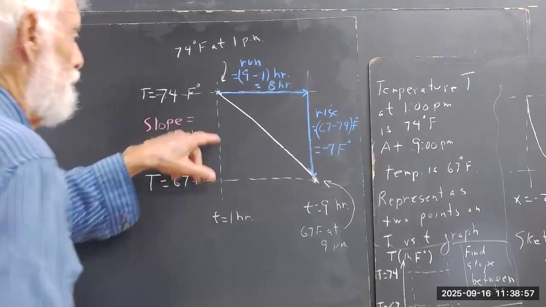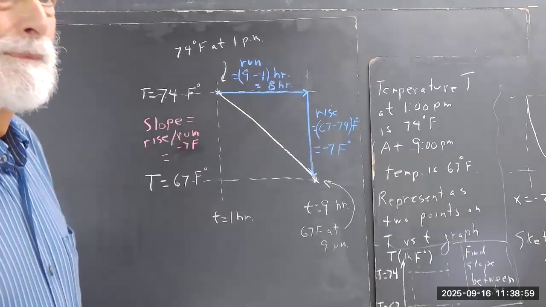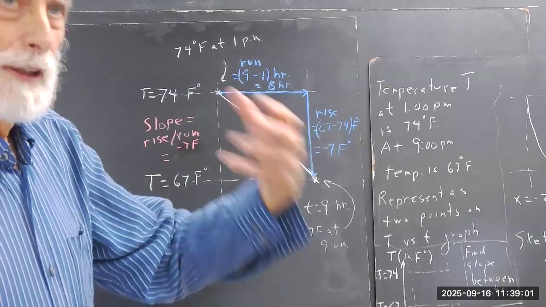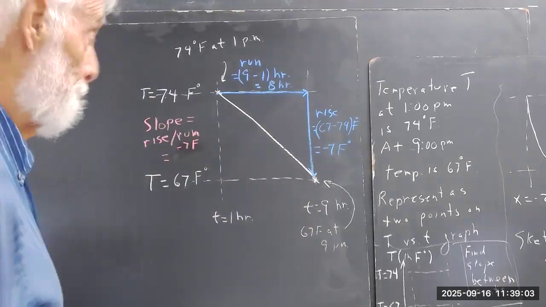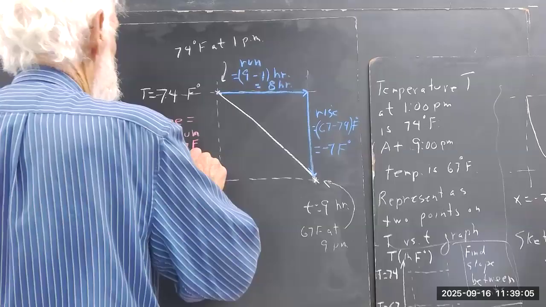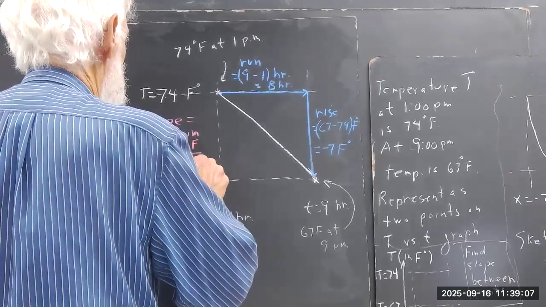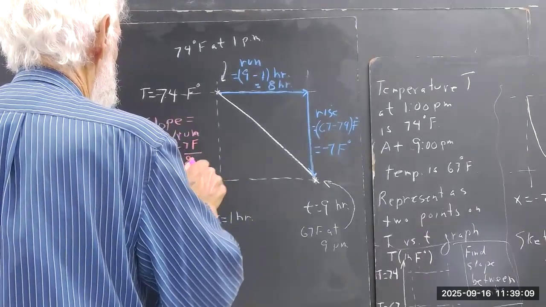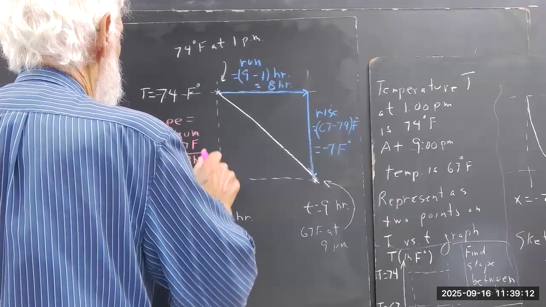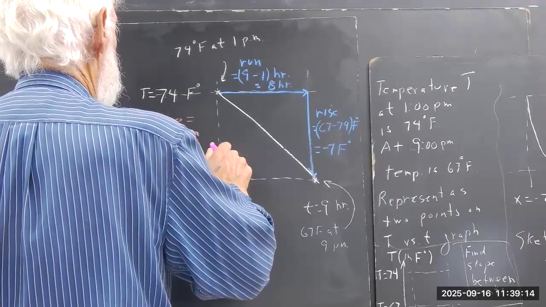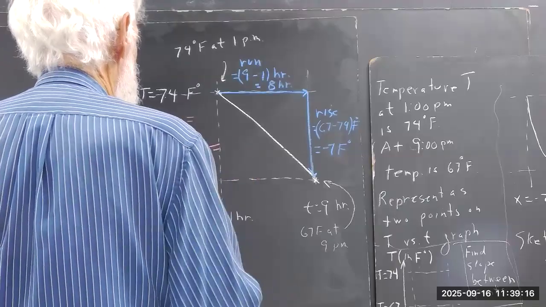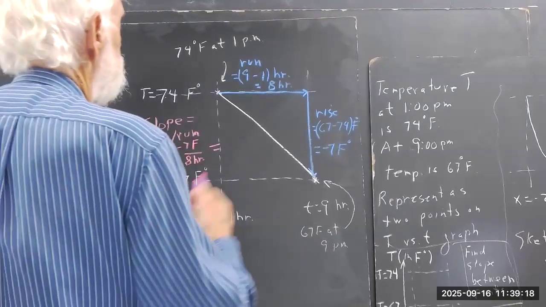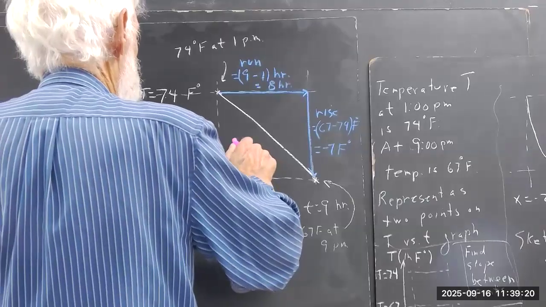I'm just going to write F instead of F with the degrees. We understand that that stands for Fahrenheit. Okay? And that's divided by 8 hours. And that equals, well, we could write that out as a fraction.